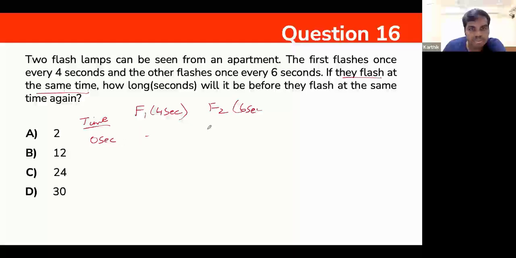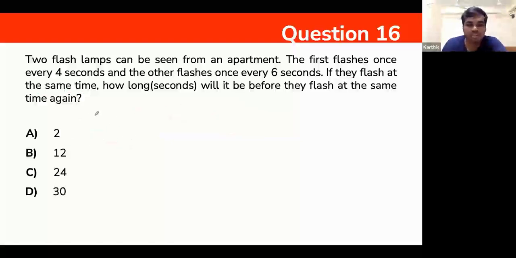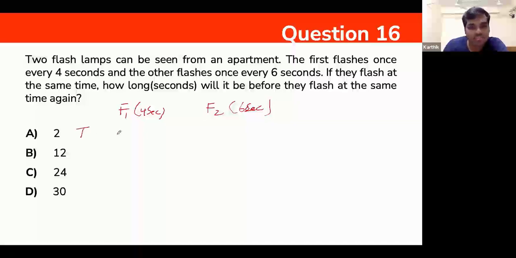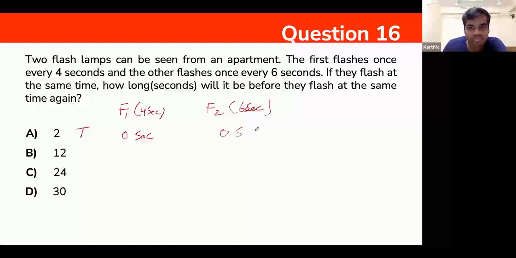Now, let us do it like this. Flash lamp 1 and flash lamp 2. This one flashes every 4 seconds and this one flashes every 6 seconds. So when time is 0 seconds, both are flashing, correct? For the first time.